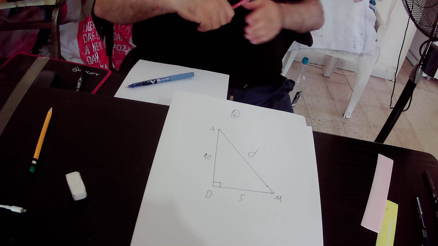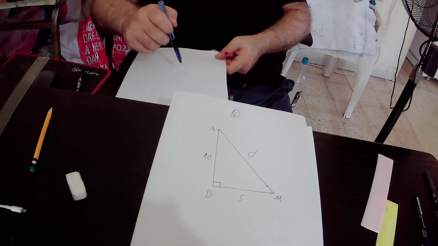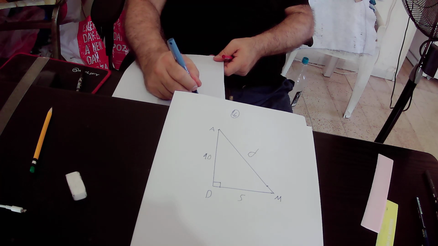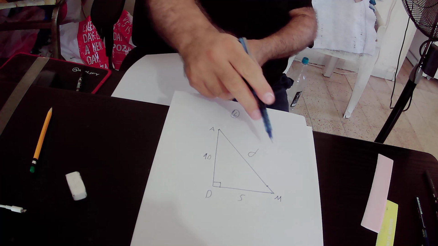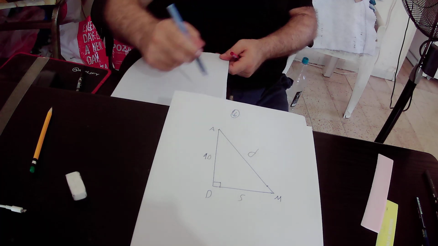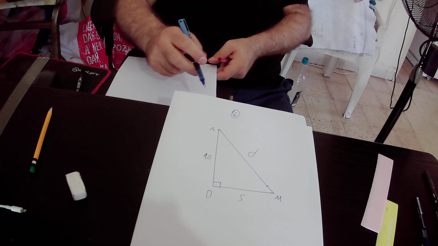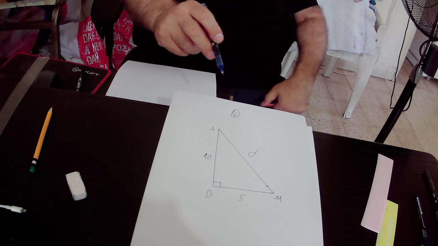The square of the hypotenuse, that will be our third equation. The square of the hypotenuse, that is to say AM square, equals the sum of the squares of the perpendiculars.